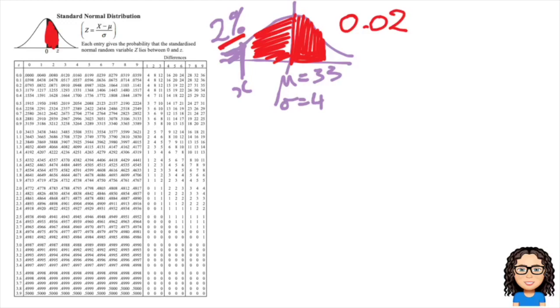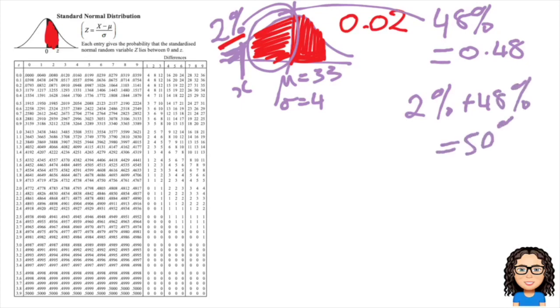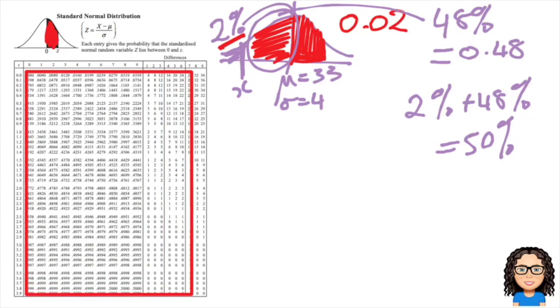So if the tail is 2%, then that means that this area here must be 48%, which as a decimal is 0.48, because 2% plus 48% gives us our 50%, so half of the data below the mean. So what I want to do is look in these probability values for that value of 0.48.